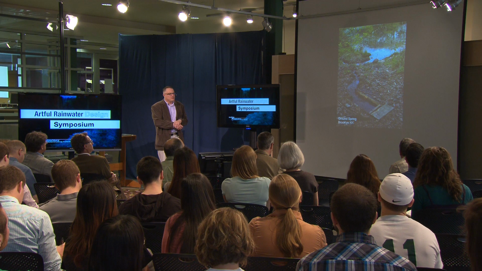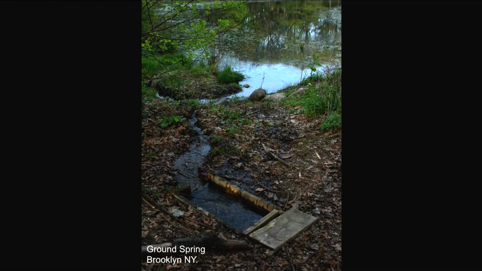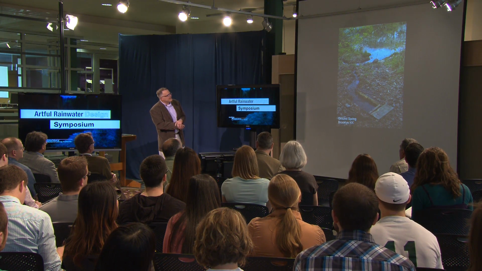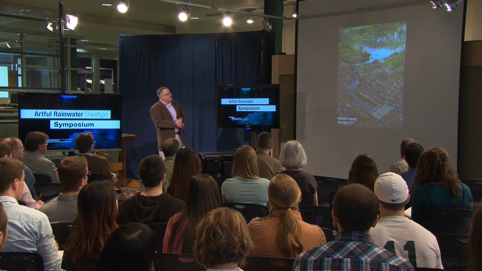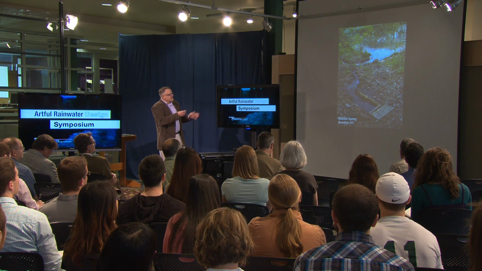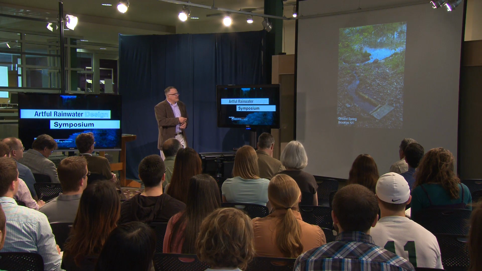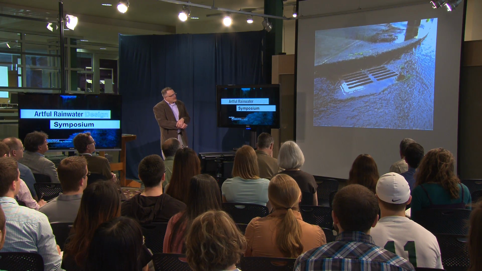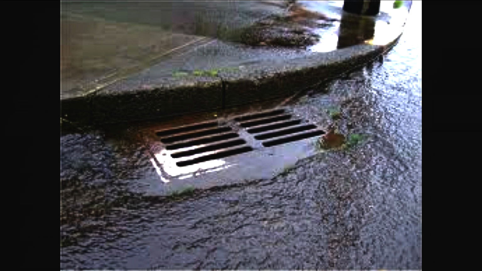Here's a ground spring in Brooklyn that was long hidden by vegetation and was only recently discovered. And we look at this and our perception is, gosh, is that sewage overflow? It doesn't look so nice. Shouldn't it be more precious than that in an urban environment? Is it the same thing as this?